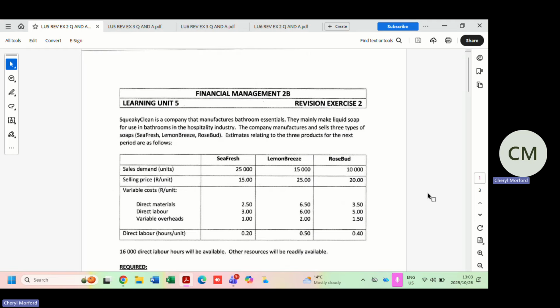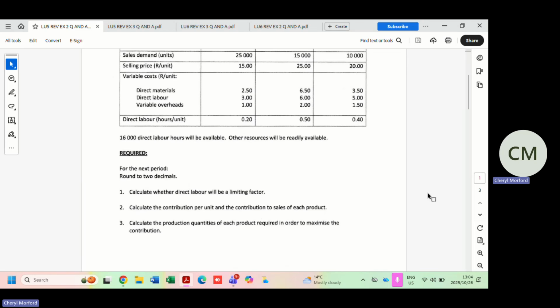One where you have limiting factors that exist, and I'm also going to look at the decision whether to make or buy. So the first question that you see on the screen comes from learning unit 5, and it's on contribution margin per limiting factor. So let's see what questions I'm going to be dealing with. First of all, I want to show you how you would work out if an input is a limiting factor or if it isn't, because that will guide you as to which method you're going to use to solve the problem.